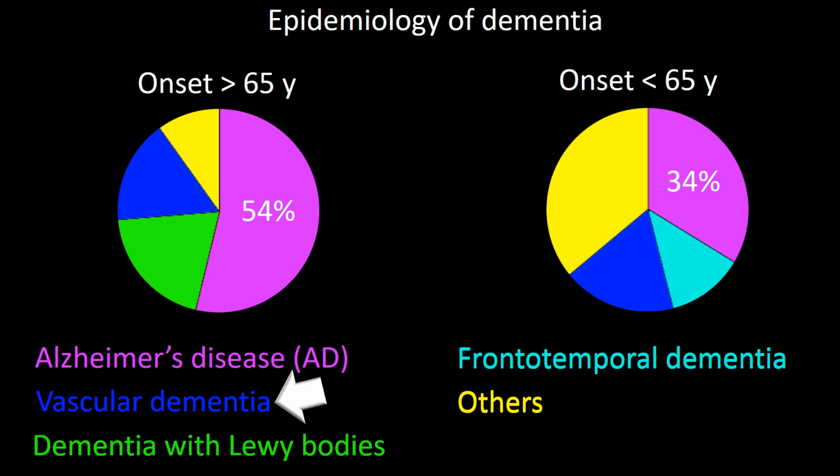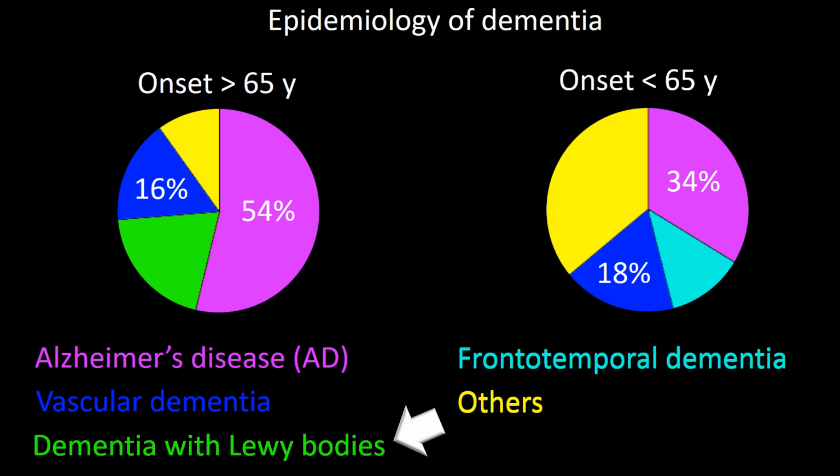Vascular dementia in patients older than 65 years of age represents 60% of all the dementias. In the younger group, it represents 18%.